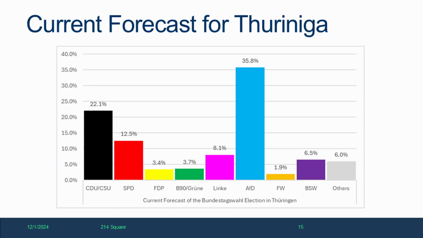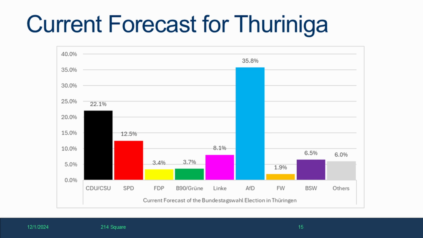In our current forecast for Thuringia, we can already see that at the moment the AfD with their polarizing figure Björn Höcke would be the top performing party in this state, far ahead of the CDU, by far ahead of the SPD of Chancellor Olaf Scholz.